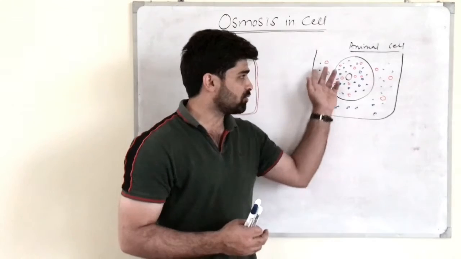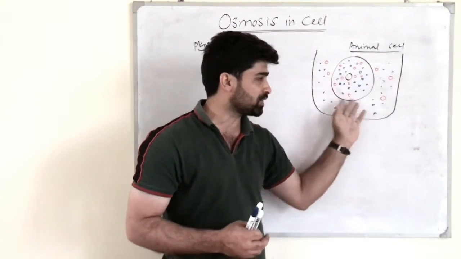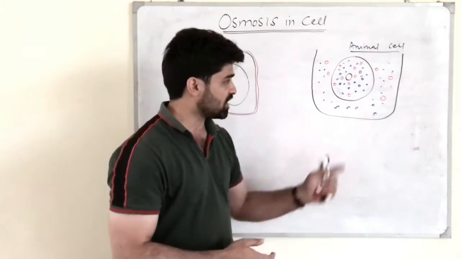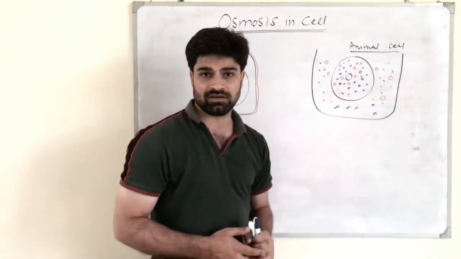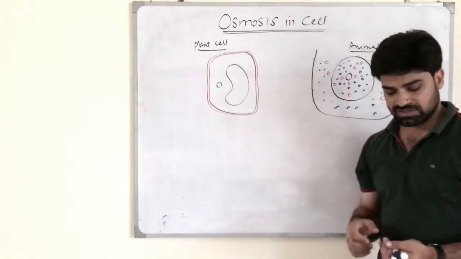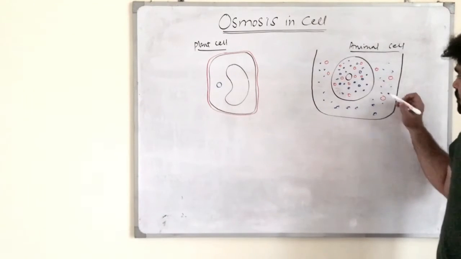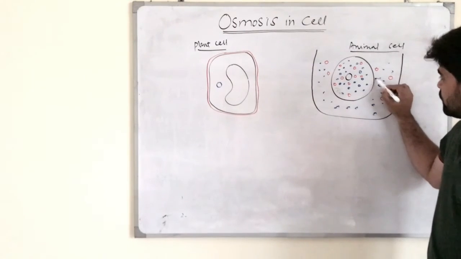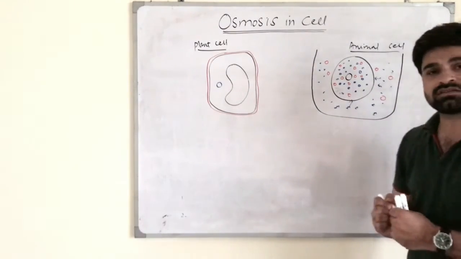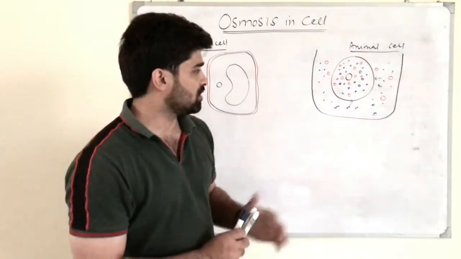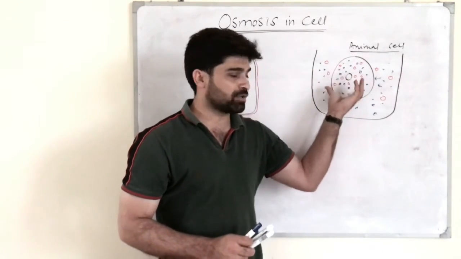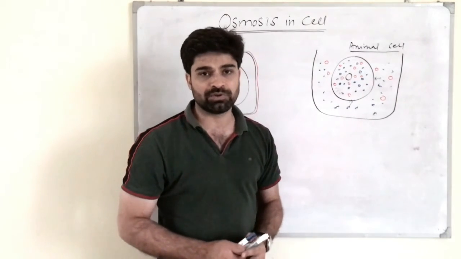So the solution present in the beaker has more water potential as compared to the animal cell. So what will happen in osmosis in the cell? These water molecules will pass through this membrane, and they will move until the water potential reaches equilibrium.